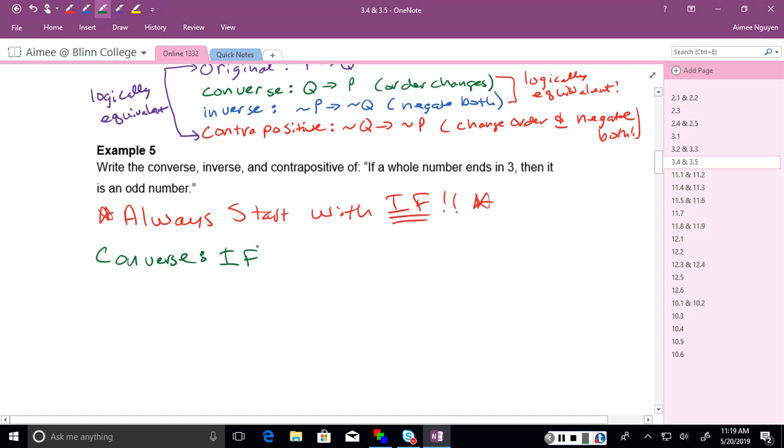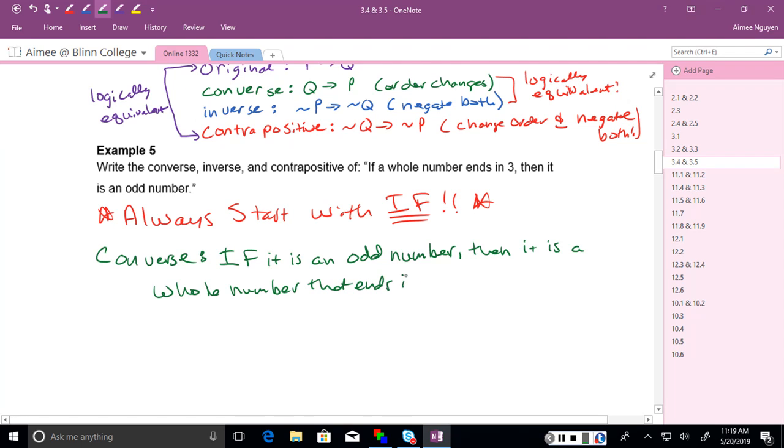So if it is an odd number, then now I'm going to write the first part: it is a whole number that ends in 3. So again, it starts with the if, then is in the middle, right?